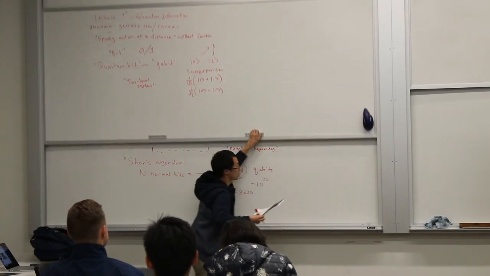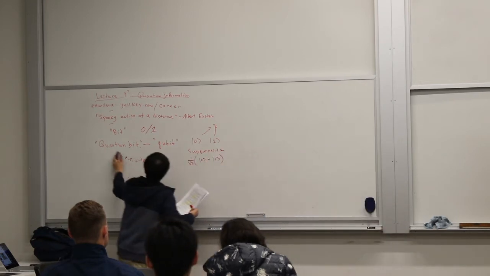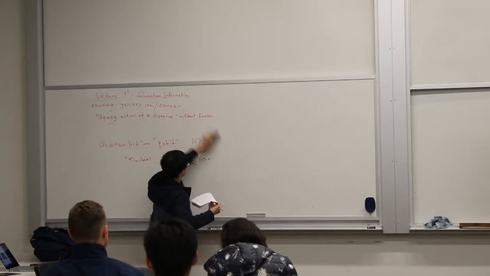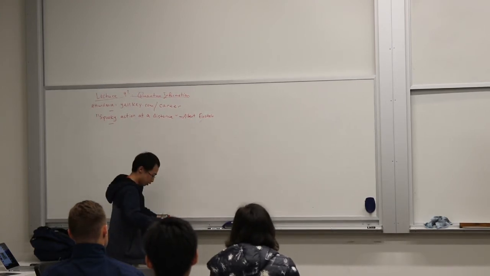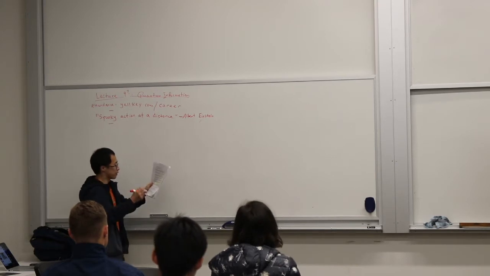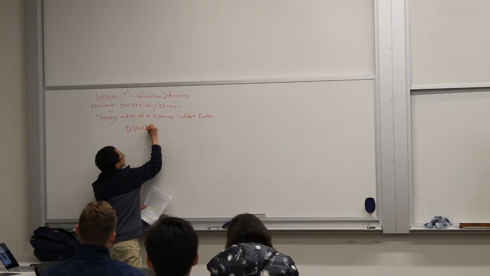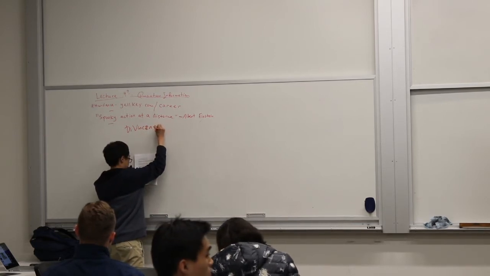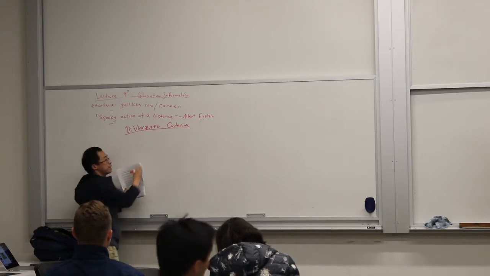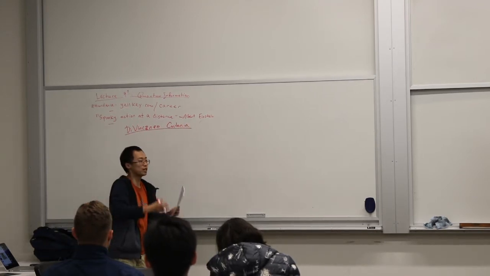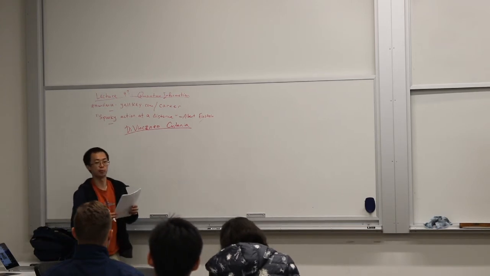So what do you need for a quantum computer to happen? There are these things called the DiVincenzo criteria, which are basically a list of things you would need to be able to control about a system in order to make it into a quantum computer.